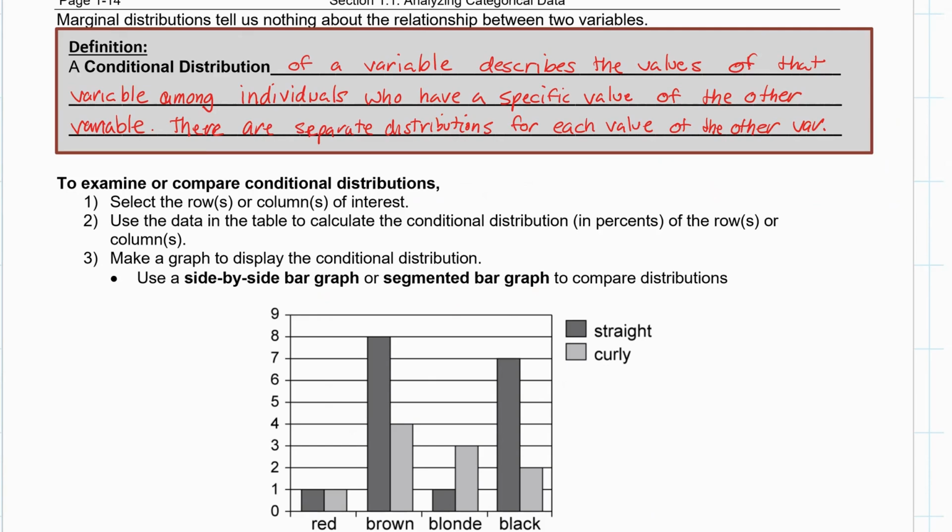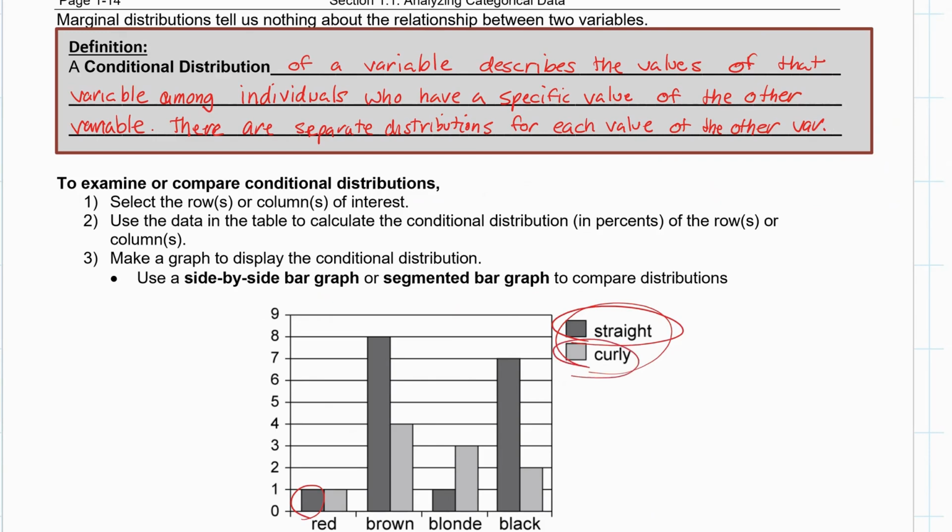Okay? Imagine another two-way study. Do you have curly or straight hair? That's one variable in this. What color do you have? That's another variable. The conditional distribution would be among the straight hair people, how many were red?